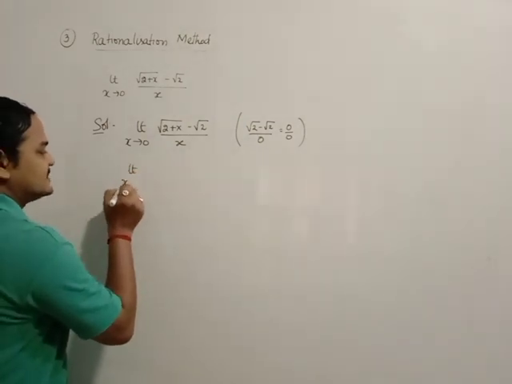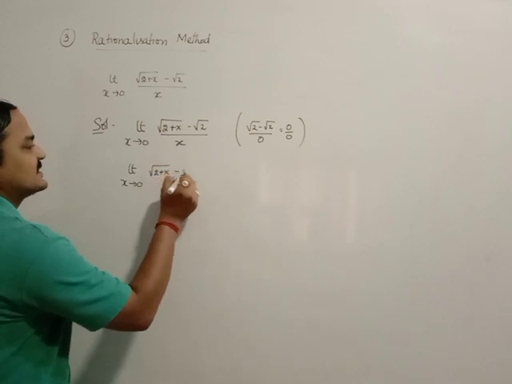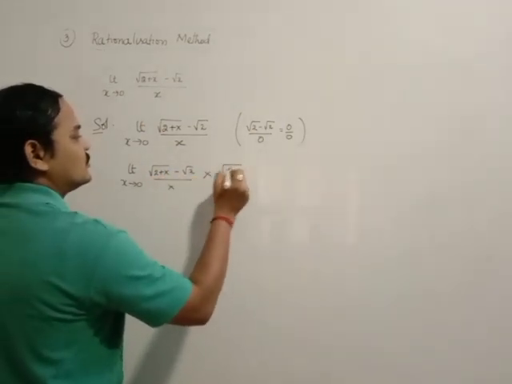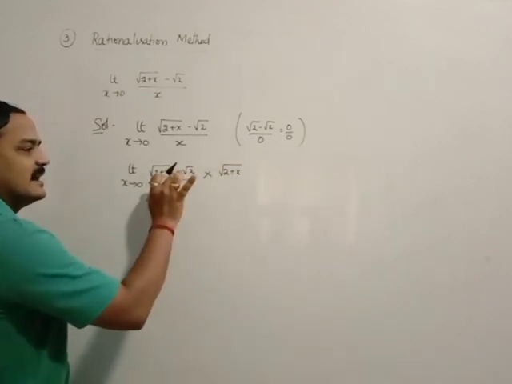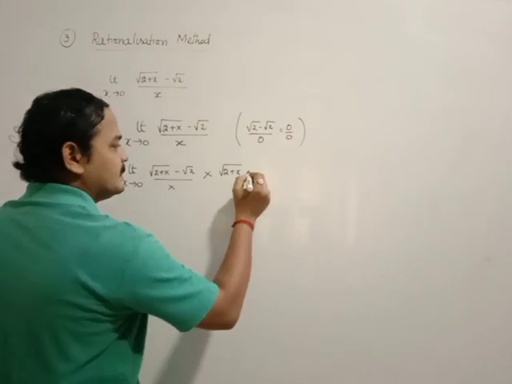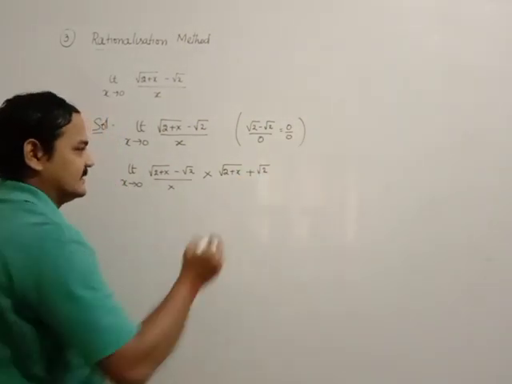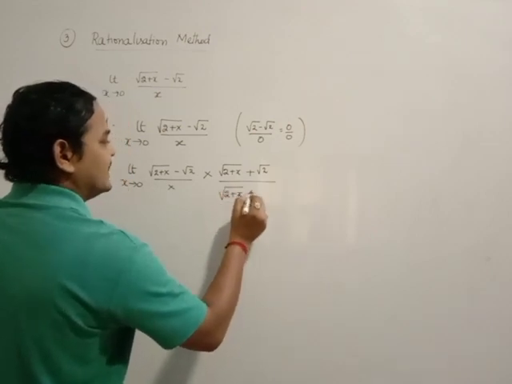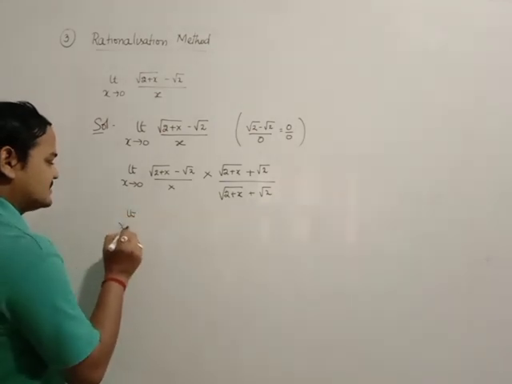Limit x tends to 0, root over 2 plus x minus root 2 by x, into root over 2 plus x plus root 2 by root over 2 plus x plus root 2. Rationalization means here minus, so you multiply with plus, as you did in lower classes like 9th and 10th.